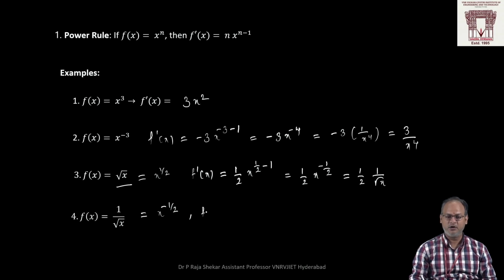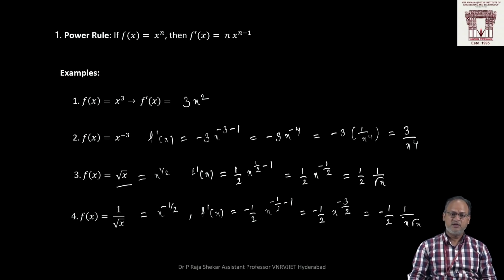Then the derivative f dash of x, now n is equal to minus 1 by 2, is minus 1 by 2 into x to the power minus 1 by 2 minus 1. Minus 1 by 2 minus 1 is minus 3 by 2. So this is equal to minus 1 by 2 into x to the power minus 3 by 2, which means minus 1 by 2 divided by x root x.